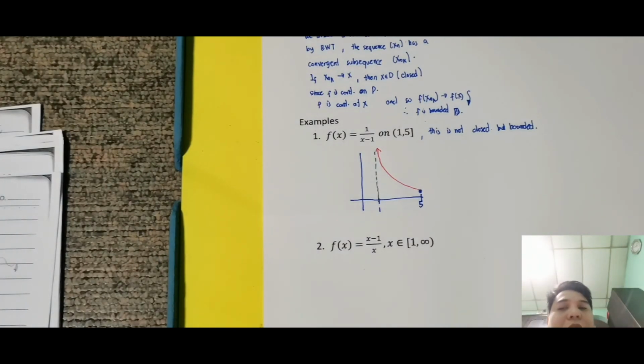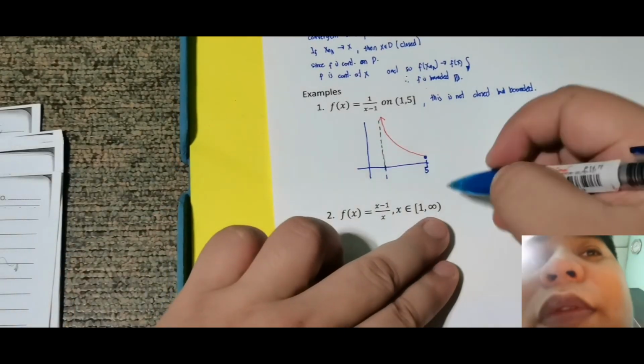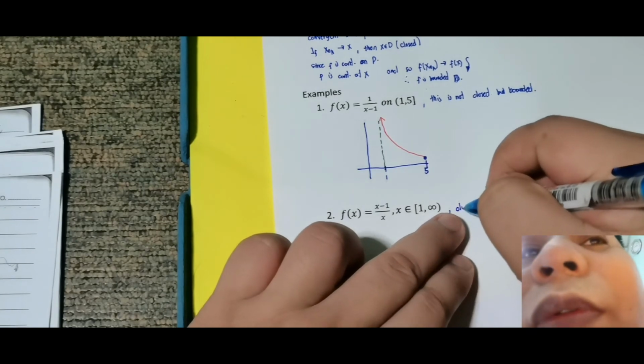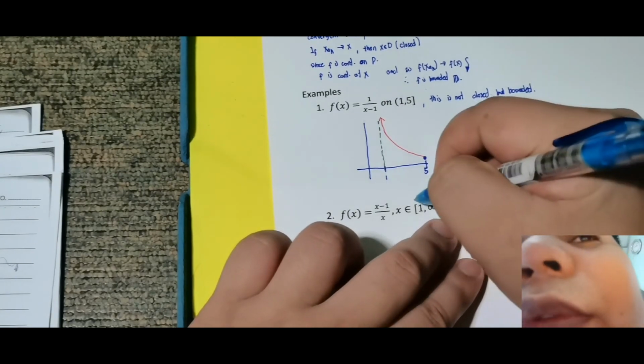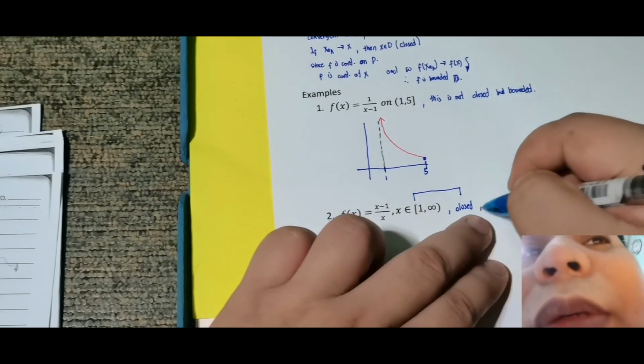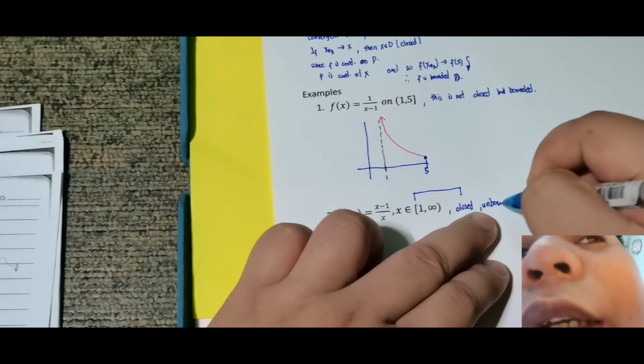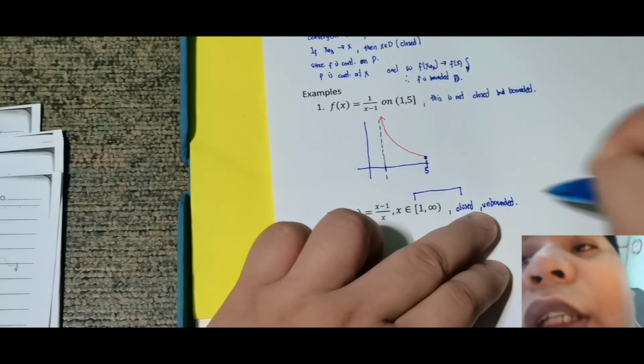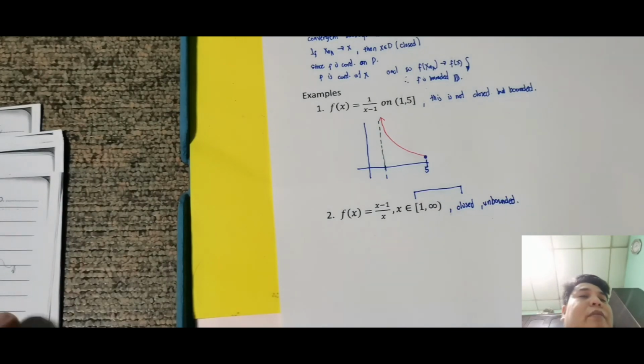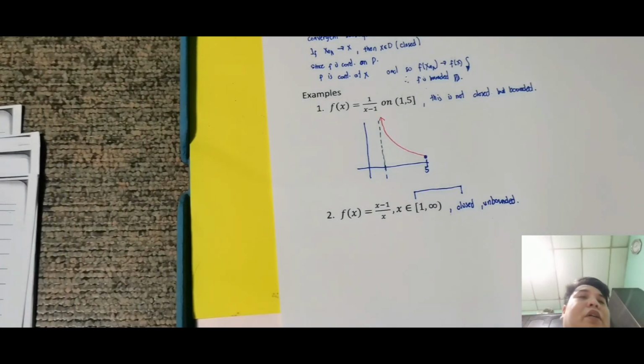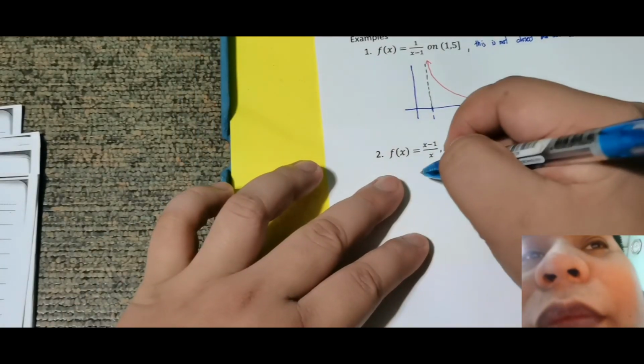Okay, this is close dahil kay 1, but unbounded dahil kay positive infinity. So disregard mo muna yung interval na dapat close eh. Hindi ganoon.